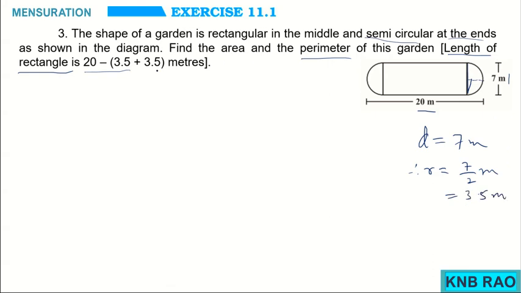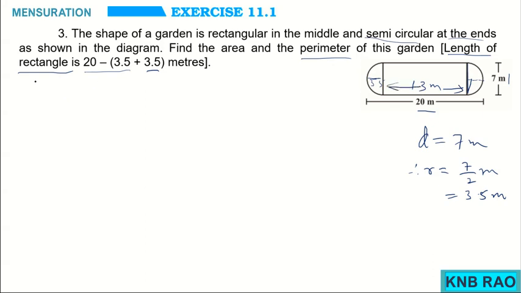So that is the reason why he is taking away 3.5 this side once and the other side once. So we got 20 minus 3.5 and 3.5, becoming 13 meter, being the length of that rectangle.